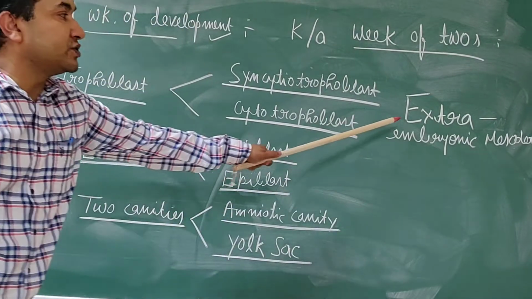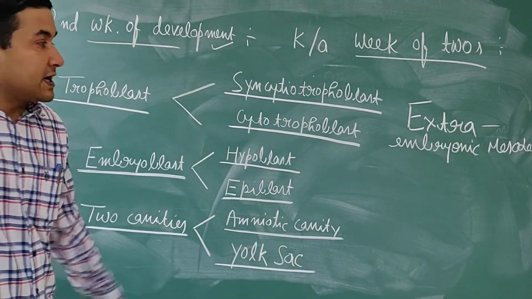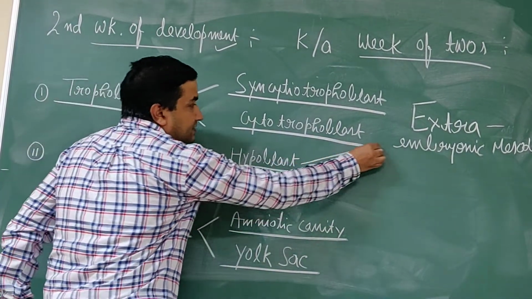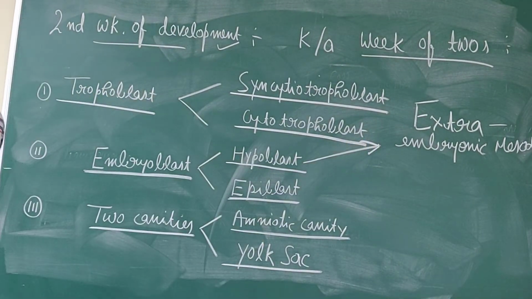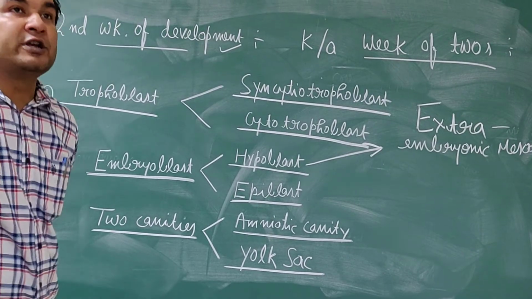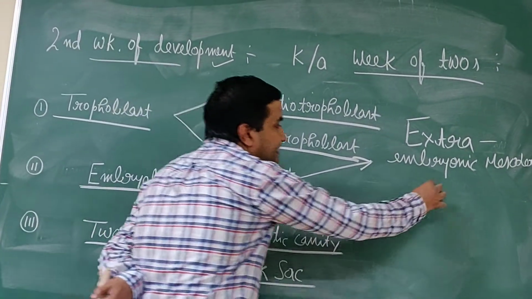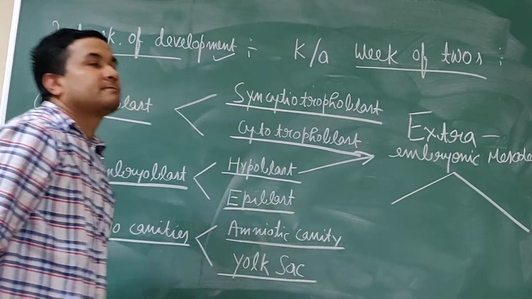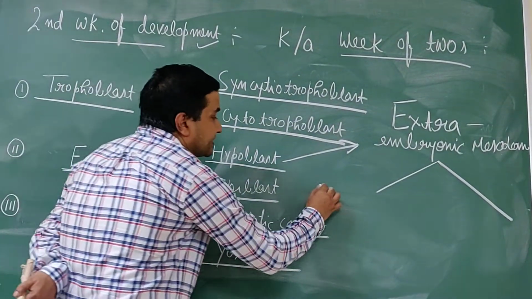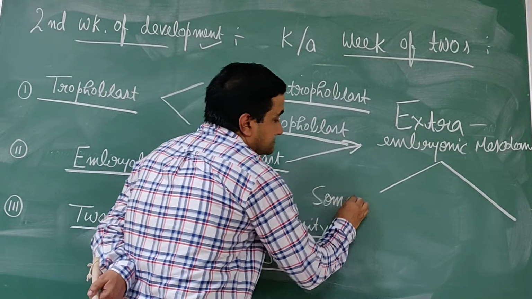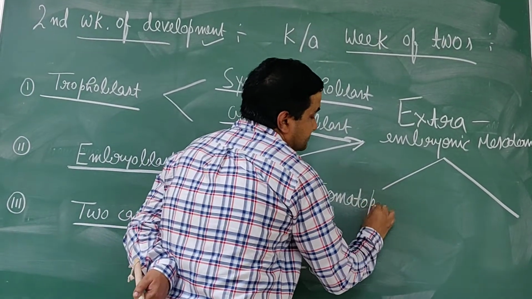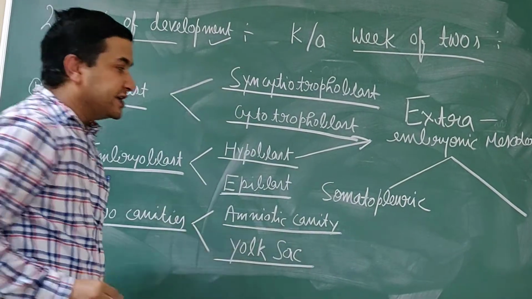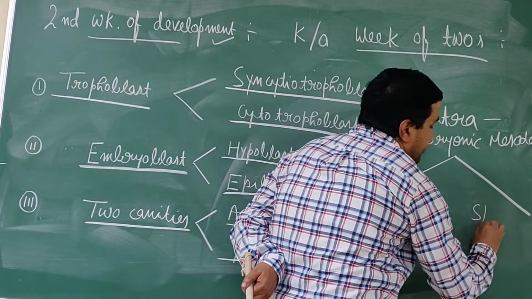Extra embryonic mesoderm. This extra embryonic mesoderm tissue is derived from the hypoblast, and this extra embryonic mesoderm further divides into two layers. The outer layer is the somatopleuric, and the inner layer is the splanchnopleuric.